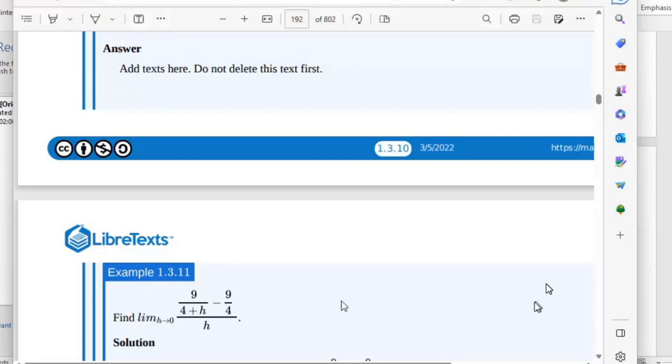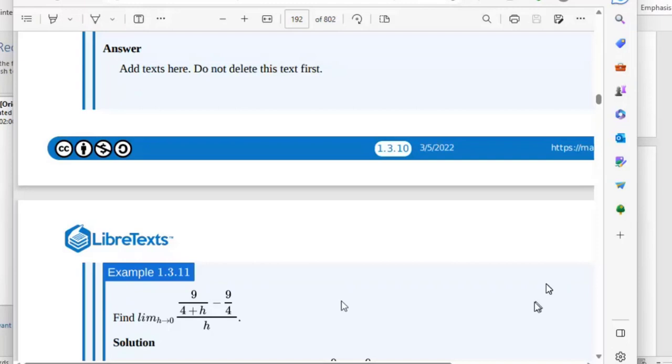And then I get my lowest common factor, which is 4 open bracket 4 plus h. And then I said 9 multiplied by 4 minus 9 open bracket 4 minus h divided by 4 open bracket 4 plus h. And then I multiply all of that by 1 over h.